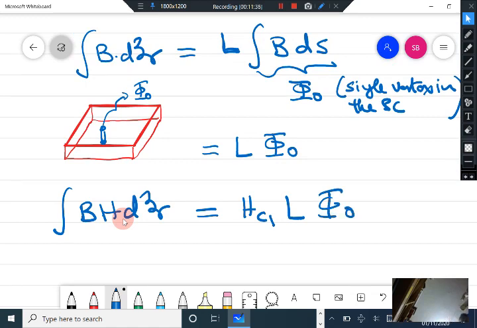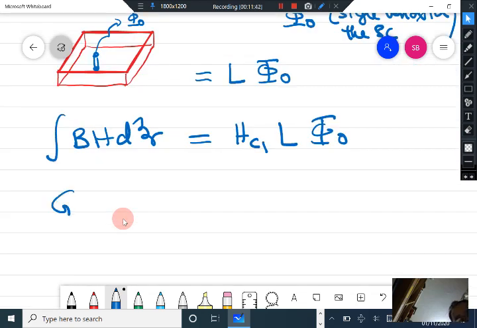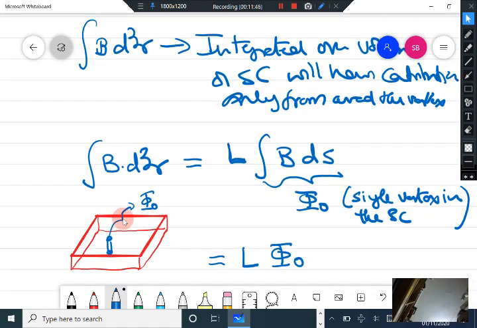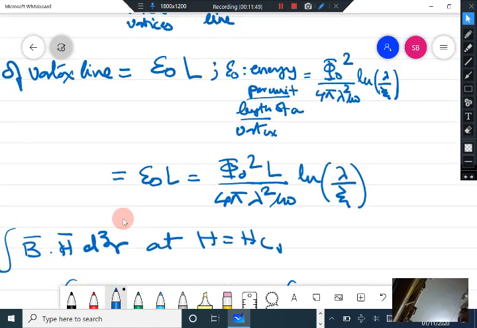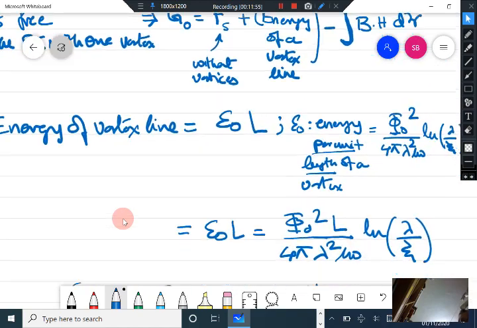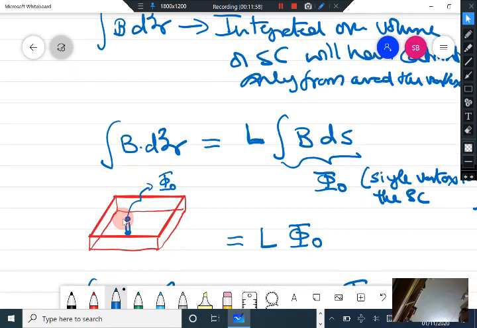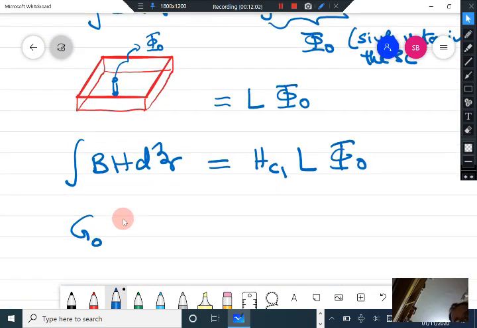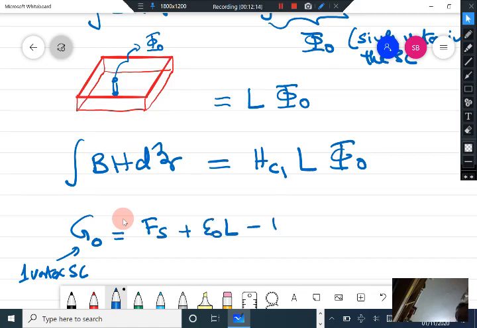So if you go back to the above expression of the Gibbs free energy with one vortex, G0, it is equal to the free energy of the superconducting state plus epsilon naught times L minus Hc1 times L times phi naught.